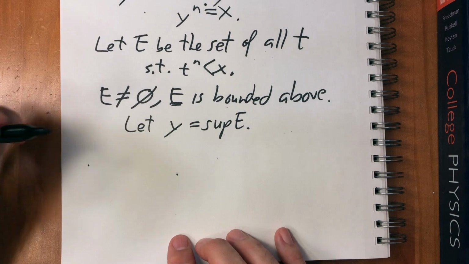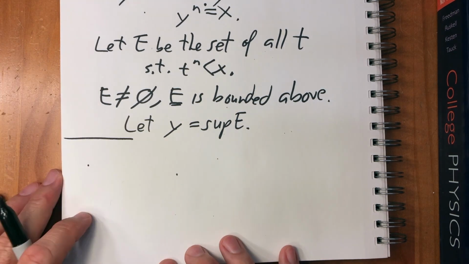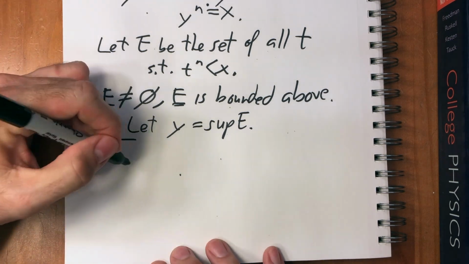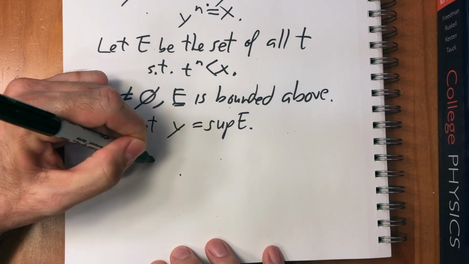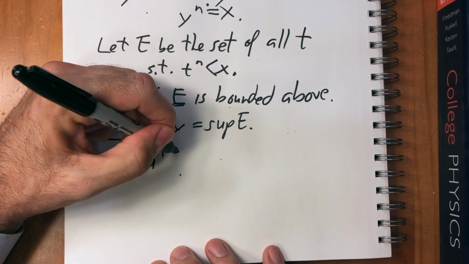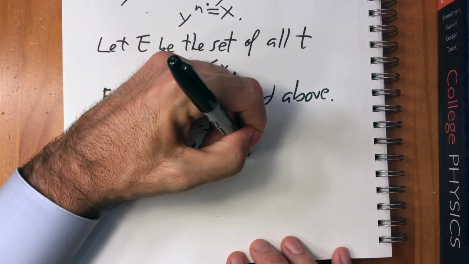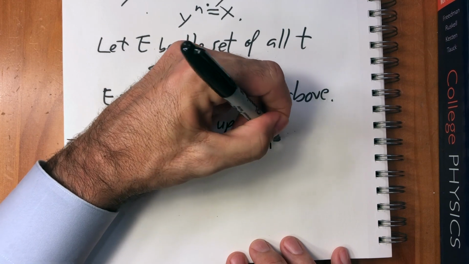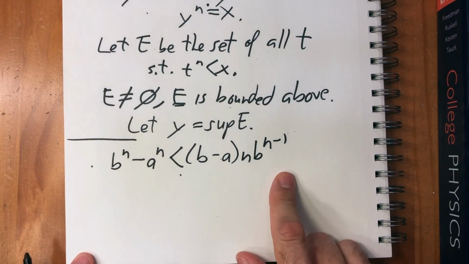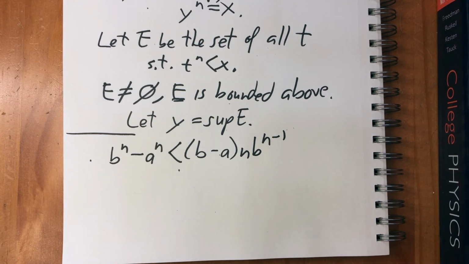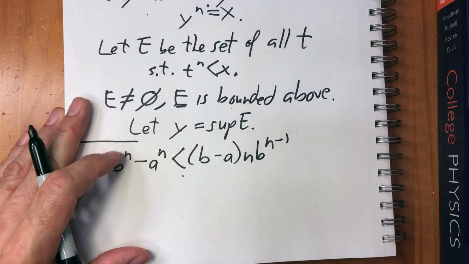Okay? So one last thing we did in the last video: in order to prove this, we're using an inequality that we proved, which is that b to the n minus a to the n is less than b minus a times n times b to the n minus 1. We're going to use this in order to prove that y to the n equals x.